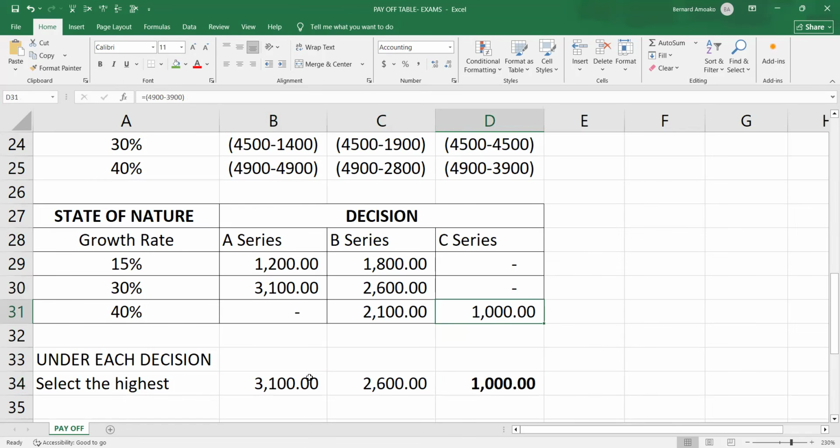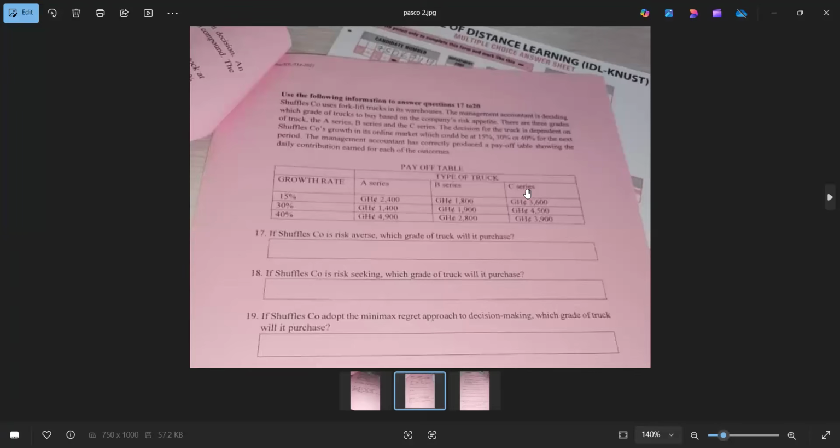Now, out of these maximums, we are supposed to select the minimum value because it is minimax. 3,100, 2,600, 1,000. The minimum will be what? 1,000. So which series is that? The C series. So under the minimax regret approach, it is still going to be the C series.